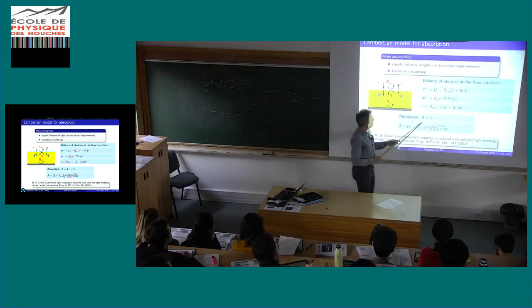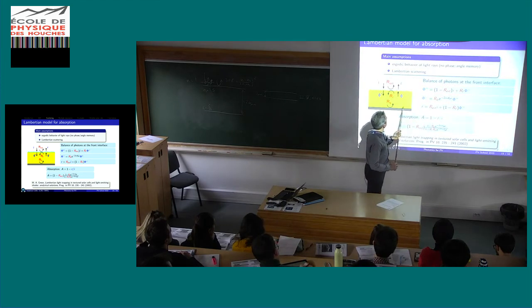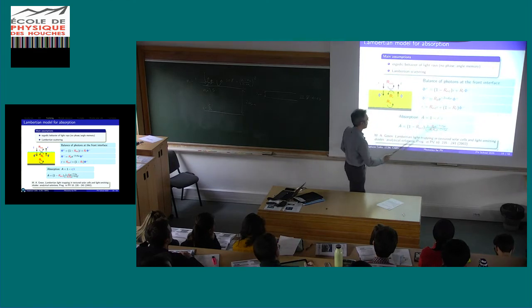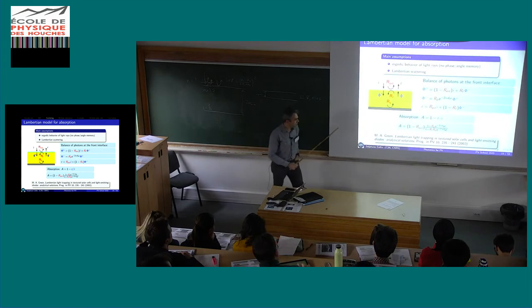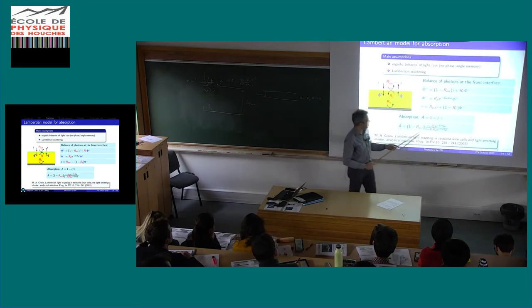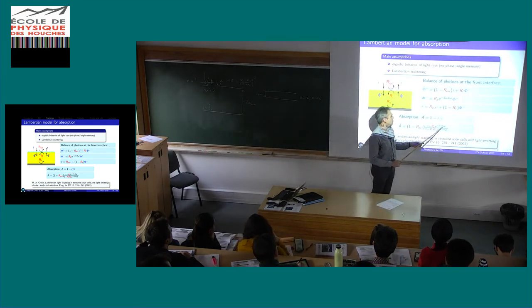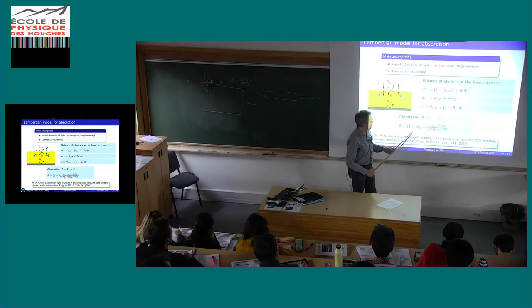The absorption is equal to 1 minus the reflection normalized by the incident light. And you can solve these three equations, and you find this expression with the absorption, which depends on, obviously, the absorption coefficient and the thickness. It's an effective thickness here. I will explain that later.